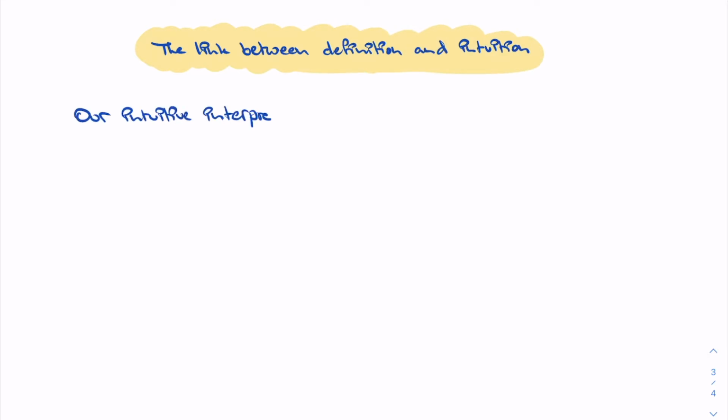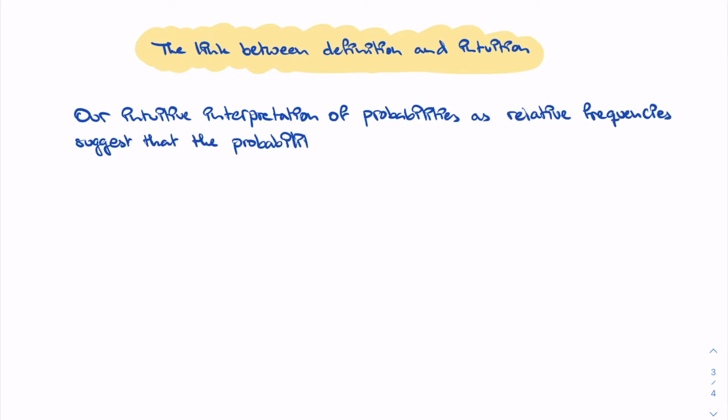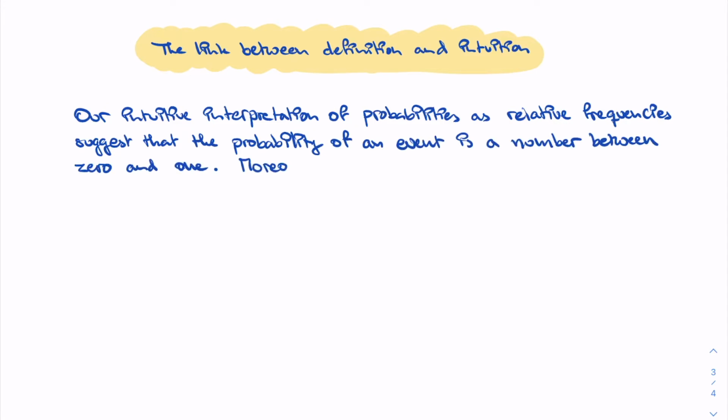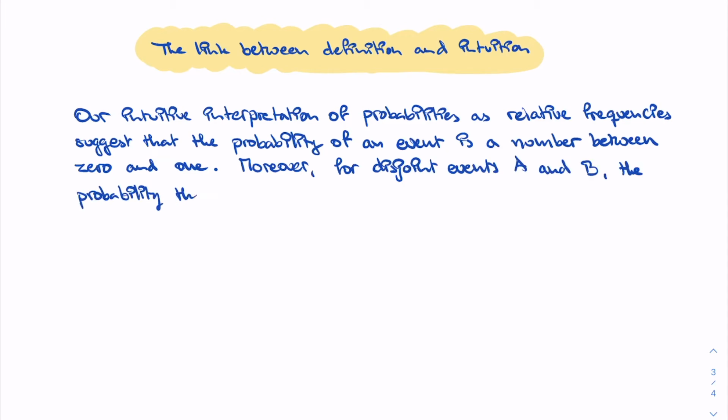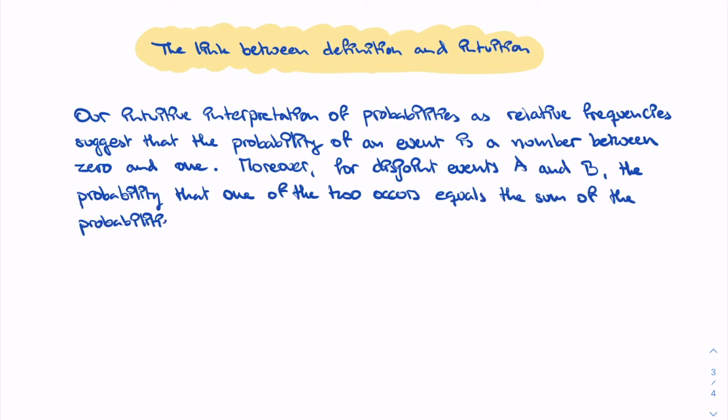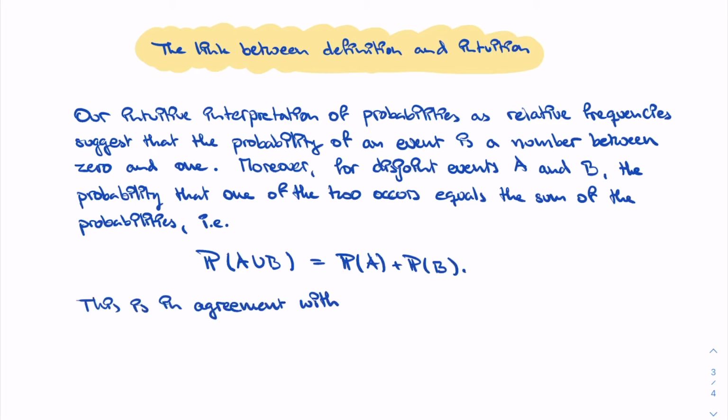Our intuitive interpretation of probabilities as relative frequencies suggests that the probability of an event is a number between 0 and 1. Moreover, for disjoint events A and B, the probability that one of the two occurs equals the sum of the probabilities. This is in agreement with the mathematical definition.